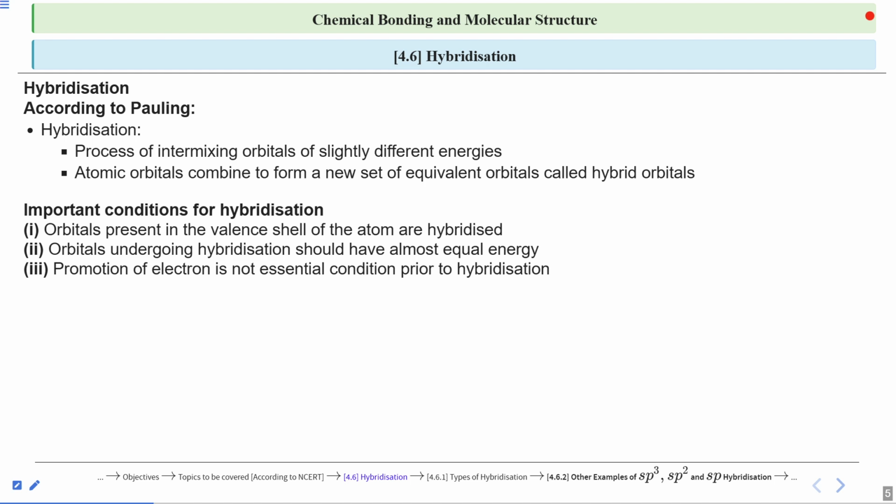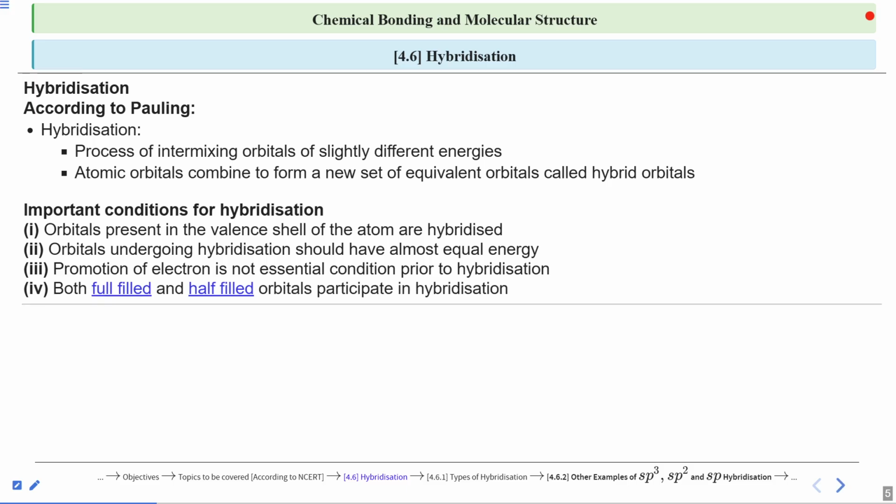Both cases are possible. We will try to understand later what promotion is. Basically it is unpairing the electrons, and that is called promotion of electrons. It is also possible that both half-filled and full-filled orbitals can participate in hybridization.